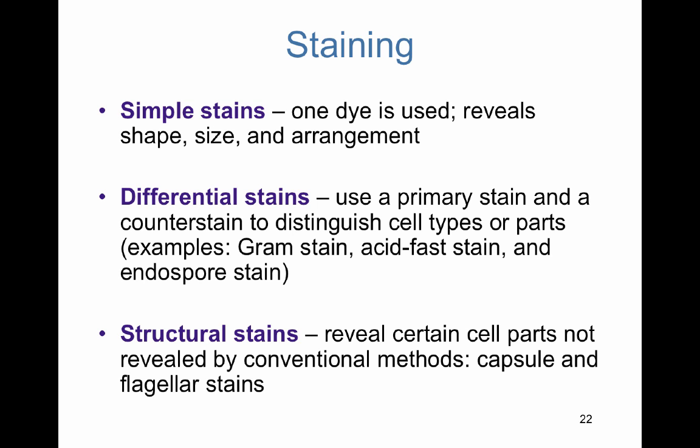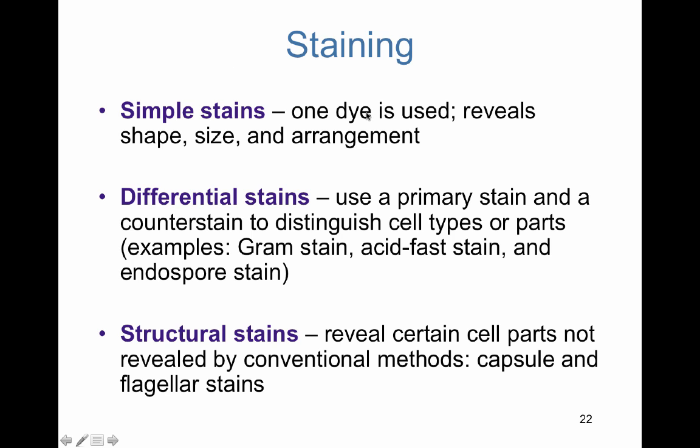Now, whether you use a positive stain or a negative stain, we also have different methods of staining depending upon what we are interested in observing. If we just want to look at any cells that we're trying to prepare and see under the scope what their shape is, what their size is, and how they're arranged, we could use what's called a simple stain.